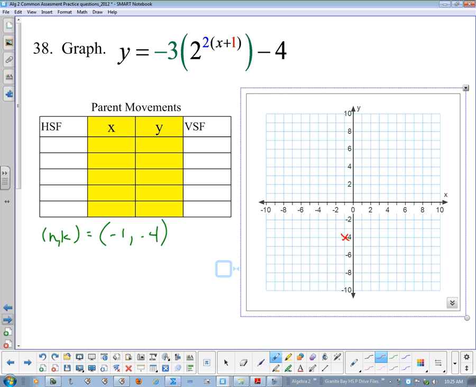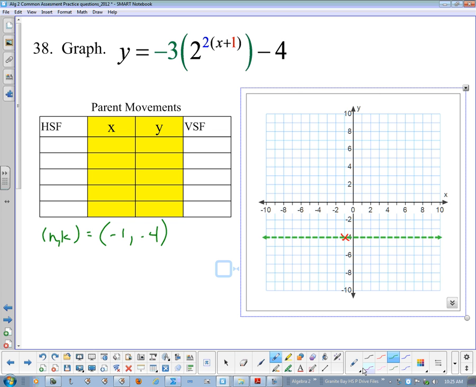Do exponentials have a vertical asymptote or a horizontal asymptote? Logarithms have vertical asymptotes. Exponentials have horizontal asymptotes. Now, there we do have a parent.